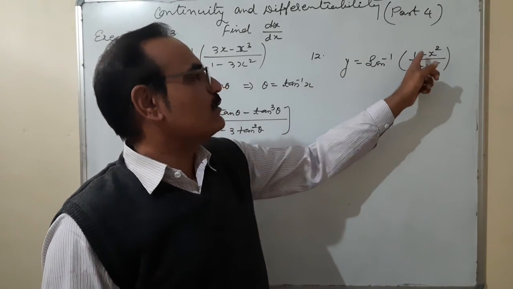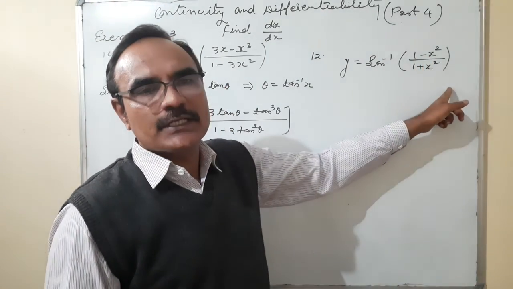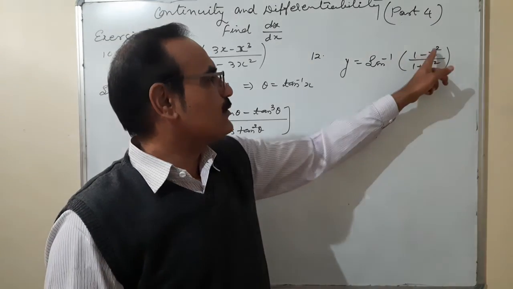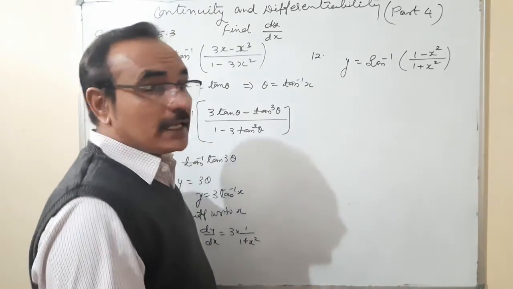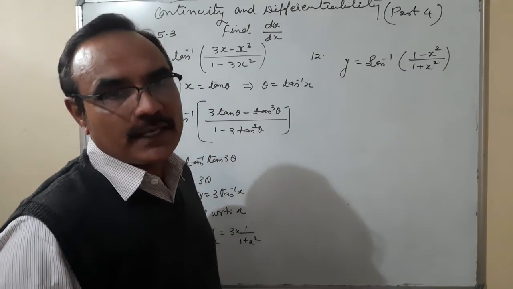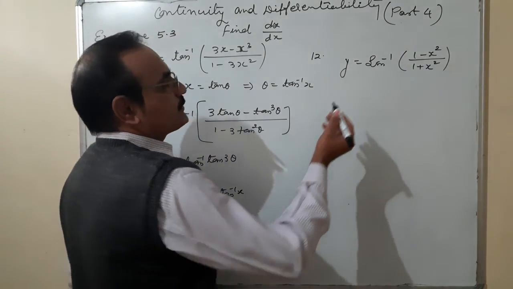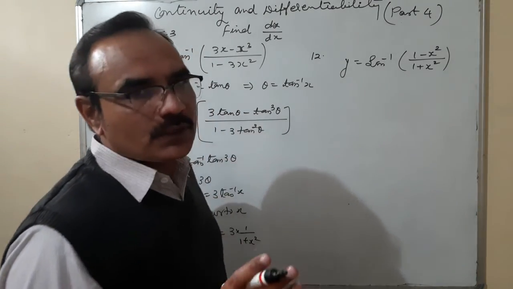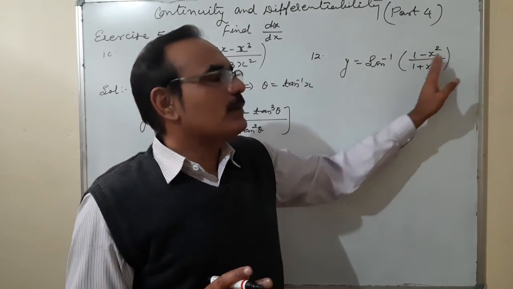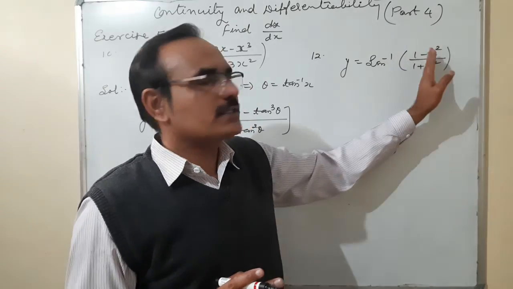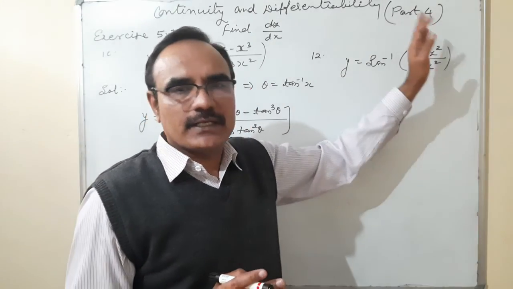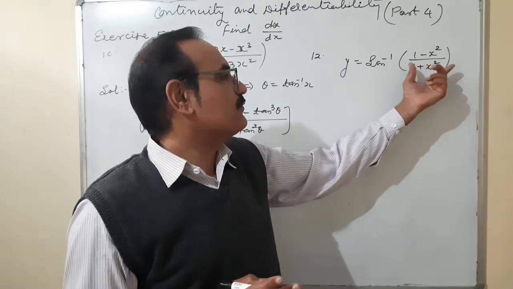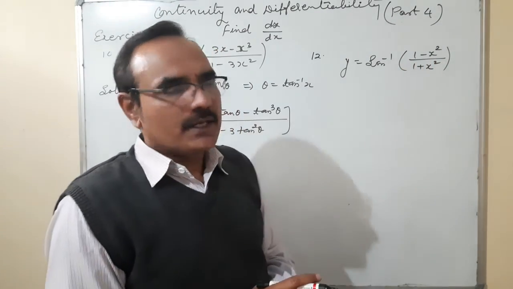If I put cos, 1 minus cos square theta, 1 plus cos square theta, no formula, because here we want to convert into the form of sine theta, so that sine inverse and sine will be cancelled. We have a second option also: directly consider this term as t, so sine inverse t gives 1 upon under root 1 minus t square, and then the differentiation of this term. That is also one procedure we have if we are not converting into any form.